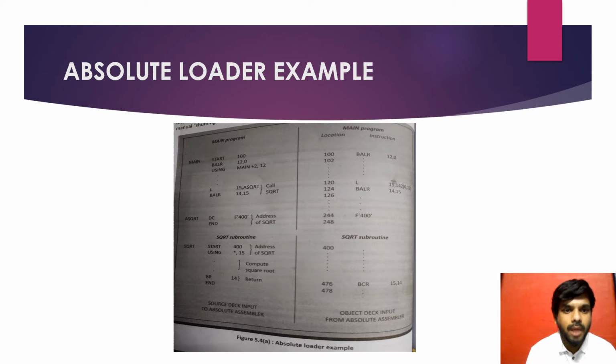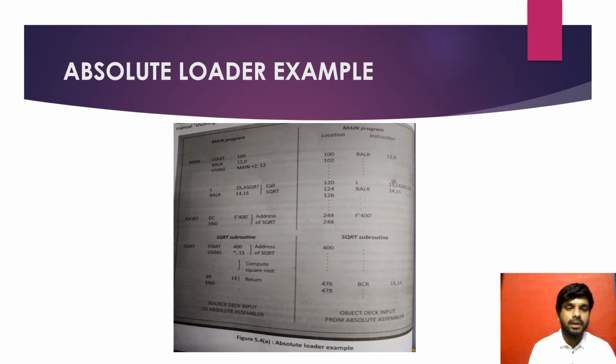Next is an absolute loader example. We're going to see a program for the absolute loader, where it defines the main program. In that we define a START, the start of the program, as 100.